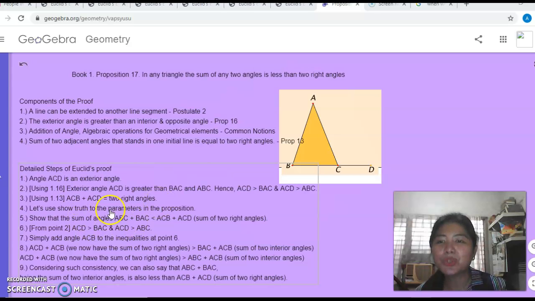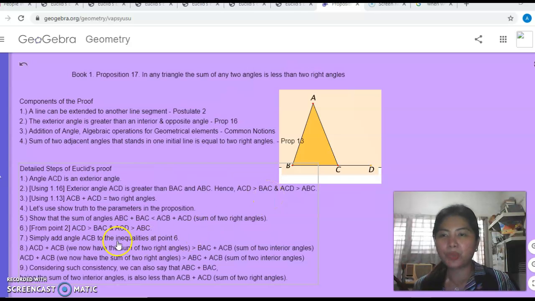So let's now show the truth of the proposition. We have to show that ABC plus BAC is less than the sum of two adjacent angles here. How? We will use the two inequalities that we just derived.